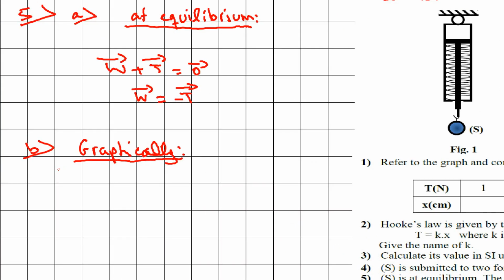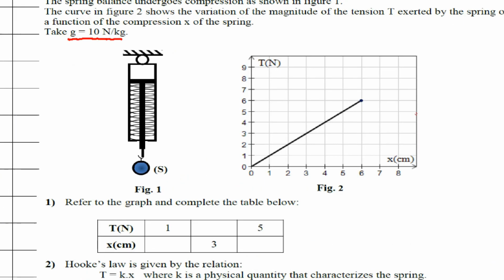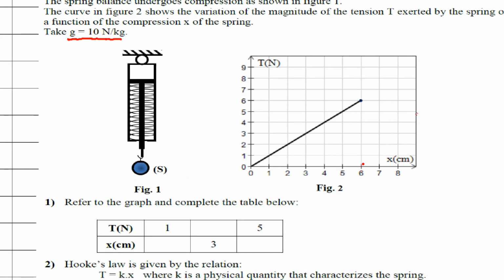Recall that they give half a mark for this statement. Now for x equal to 6 centimeters, we have, now referring to the graph, this is the value of x corresponding to 6 centimeters. It corresponds to this point on the curve having a value of tension which is given by 6 newtons.